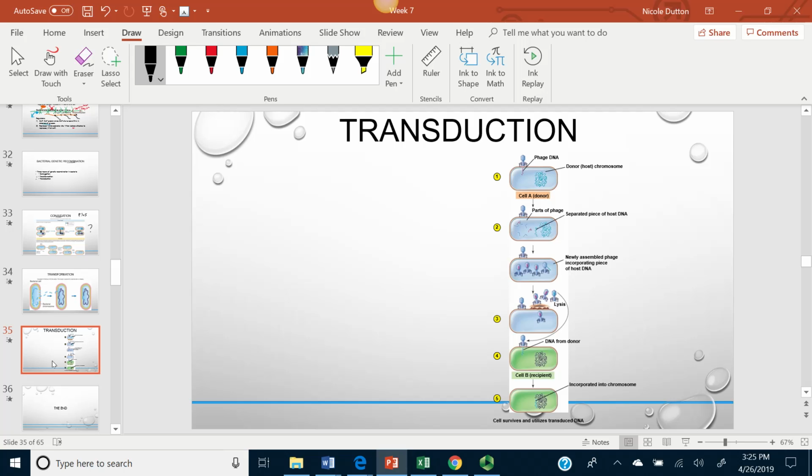Now, transduction. Transduction involves bacterial phages. And a bacterial phage is a virus that infects bacteria.